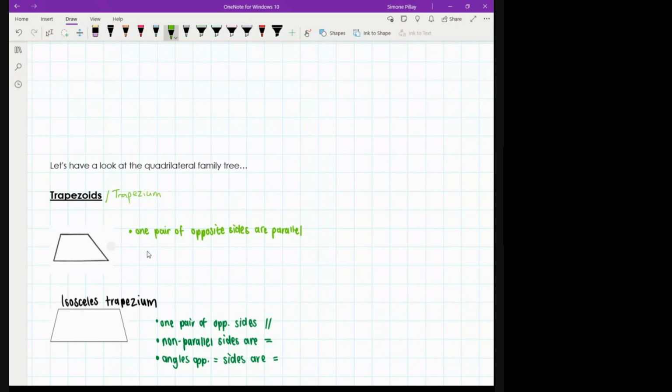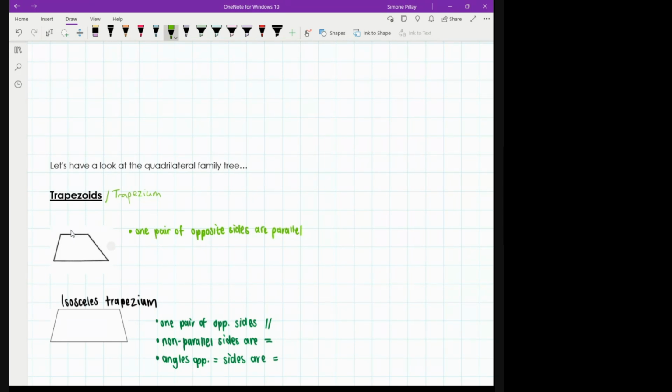When I talk about a characteristic, I mean something that is present in every single one of those shapes. Something that, if the shape is missing it, it can't be that specific shape. So every single trapezium is going to have this characteristic: one pair of opposite sides are parallel.